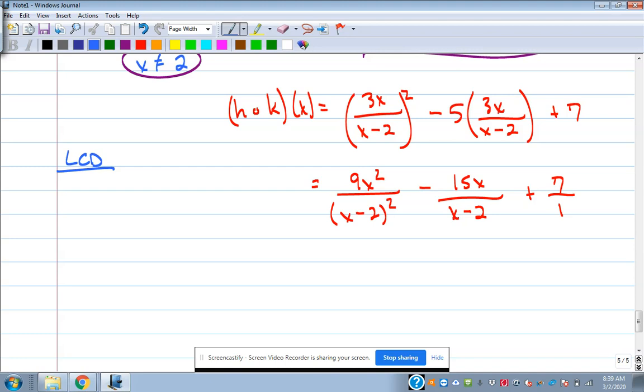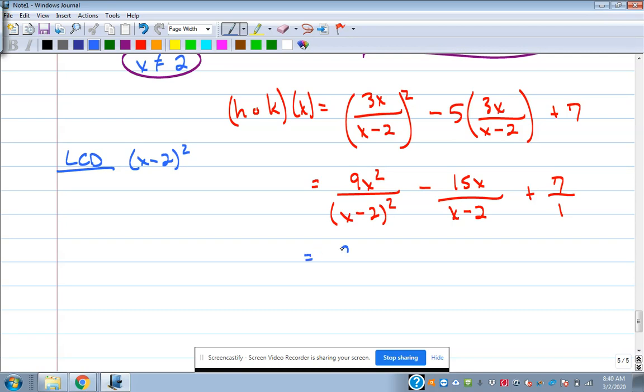First fraction has x minus 2 squared. This one has x minus 2. So the common denominator is going to have an x minus 2 and another x minus 2. That 1 over there is not going to really do anything to the common denominator. So our common denominator is going to be x minus 2 squared. And that's the main reason I did not multiply this part out down here. I want to leave that in factored form.